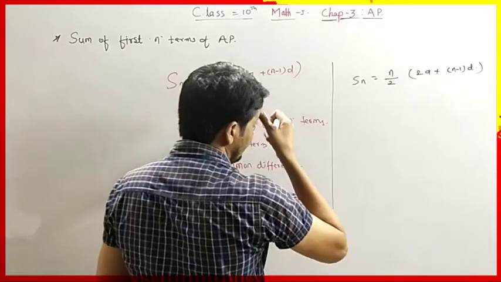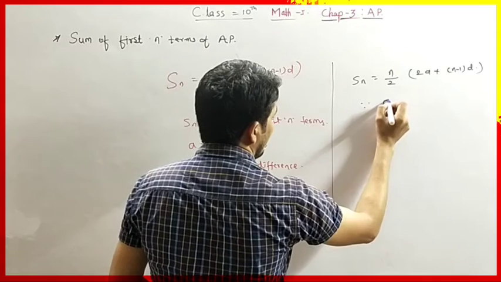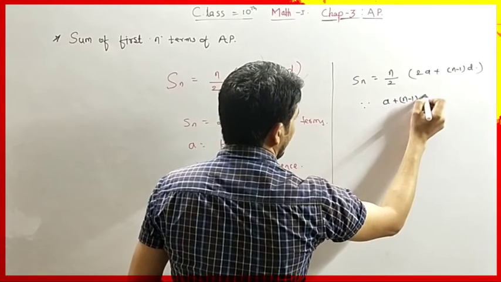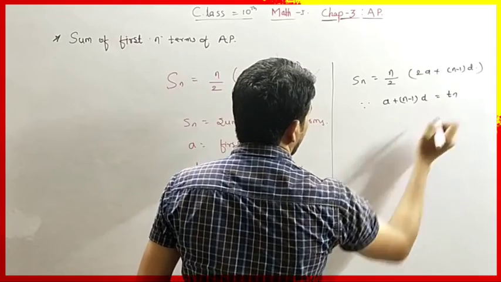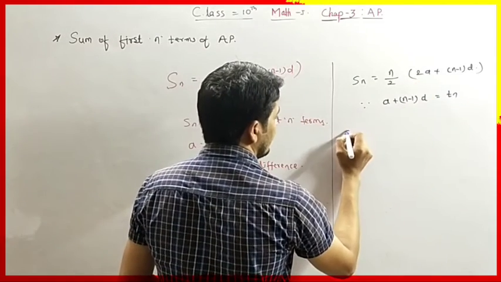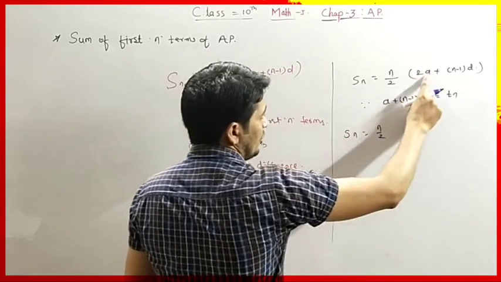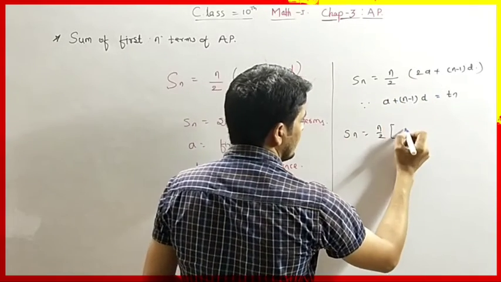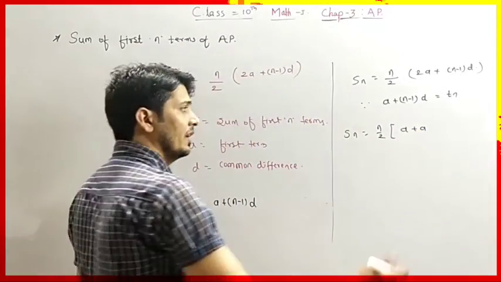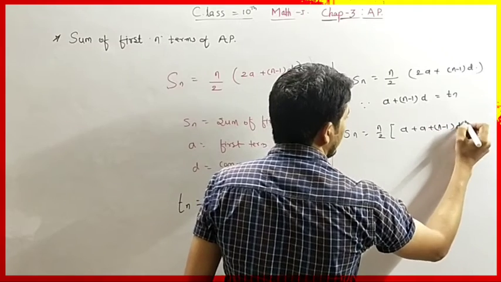Since a plus n minus 1 into d equals Tn, we can write Sn equals n divided by 2 into, 2a is nothing but a plus a, so a plus a plus n minus 1 into d.